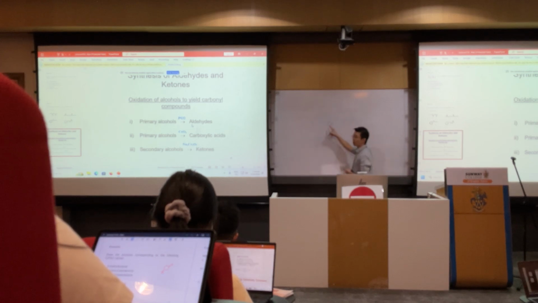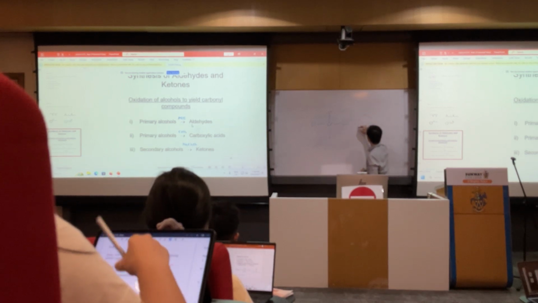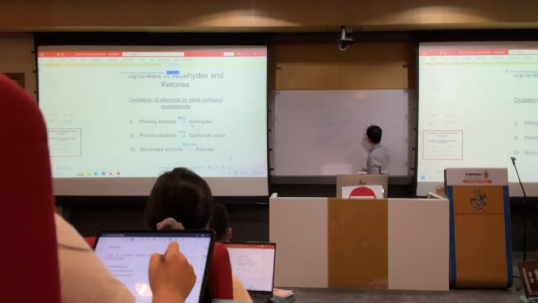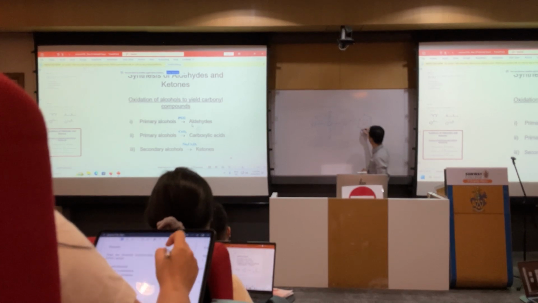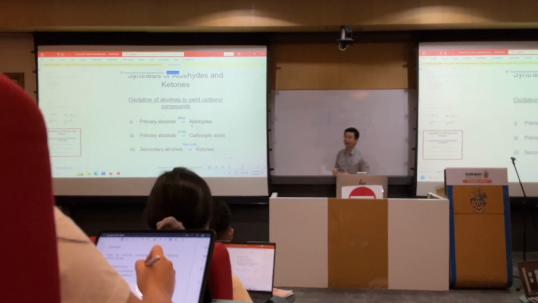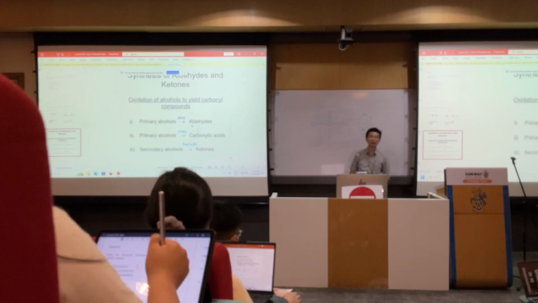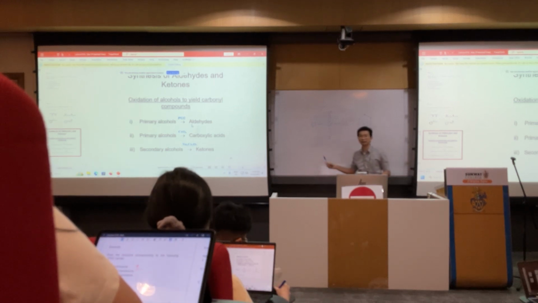We have a chromium group attached to the oxygen and one chloro. And then we have a pyridinium here, which has a positive charge, and this is a negative charge. So this is PCC. Okay, it's a relatively milder oxidizing agent as compared to CrO3 and Na2Cr2O7. It can oxidize primary alcohol into the aldehyde.